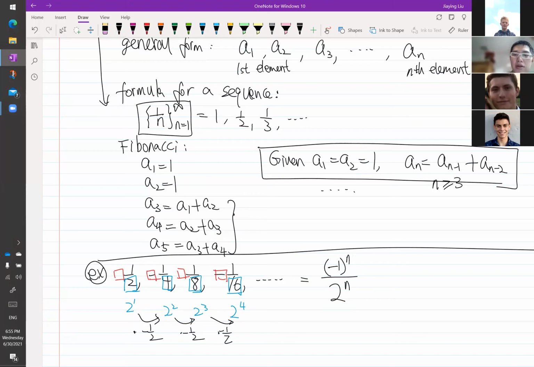If it's just to the n, that's not right, because if n is 1, the numerator should be positive, but if n is 1, I have a -1. That's not okay. So it should be n plus 1 for the numerator, or for the term that you multiply with, right? That's sort of the trick that I learned.